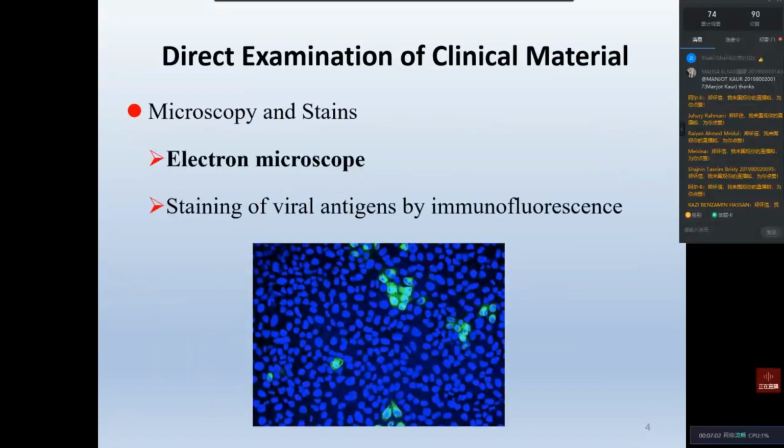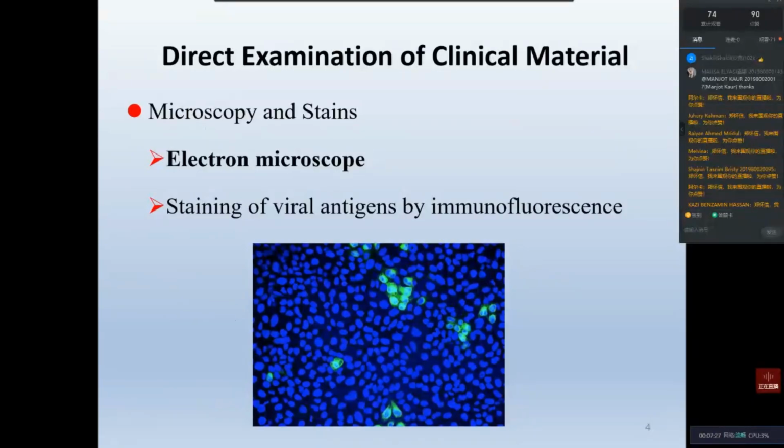Another way is to check the existence of virus using immunofluorescence staining. You can use some antibody to recognize the existence of viral antigen. And that antibody is conjugated with a molecule which can give off fluorescence.